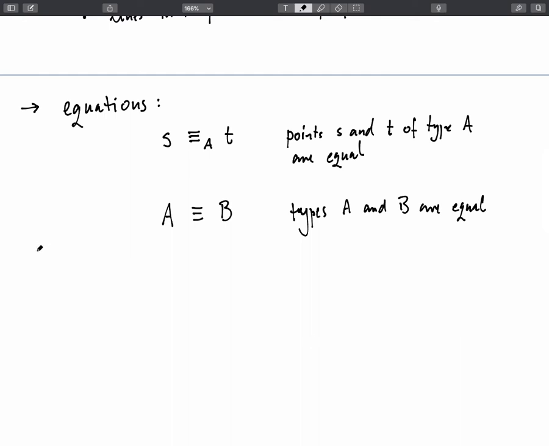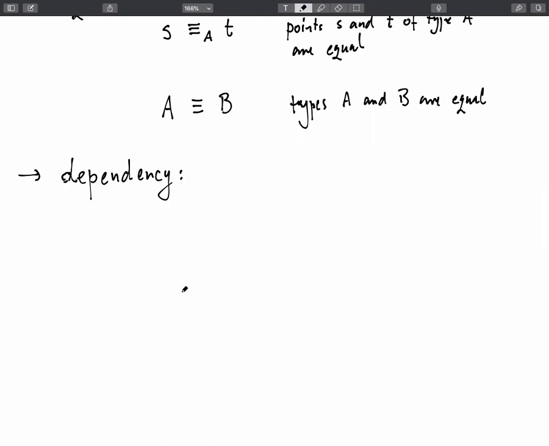Next thing we have is dependency. Now, this is a super important thing, dependency. And it is everywhere in mathematics. Dependency simply means this: constructions depend on parameters.